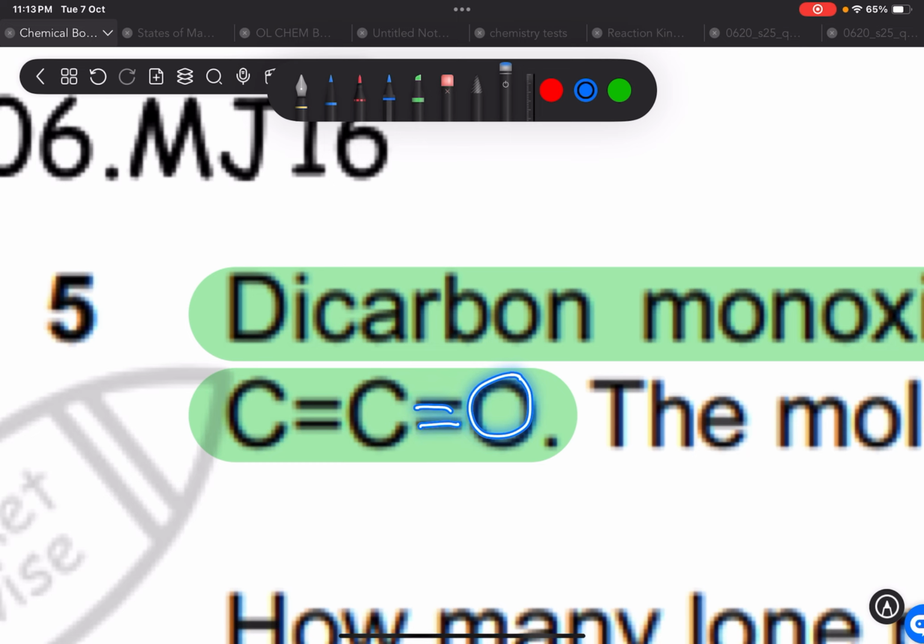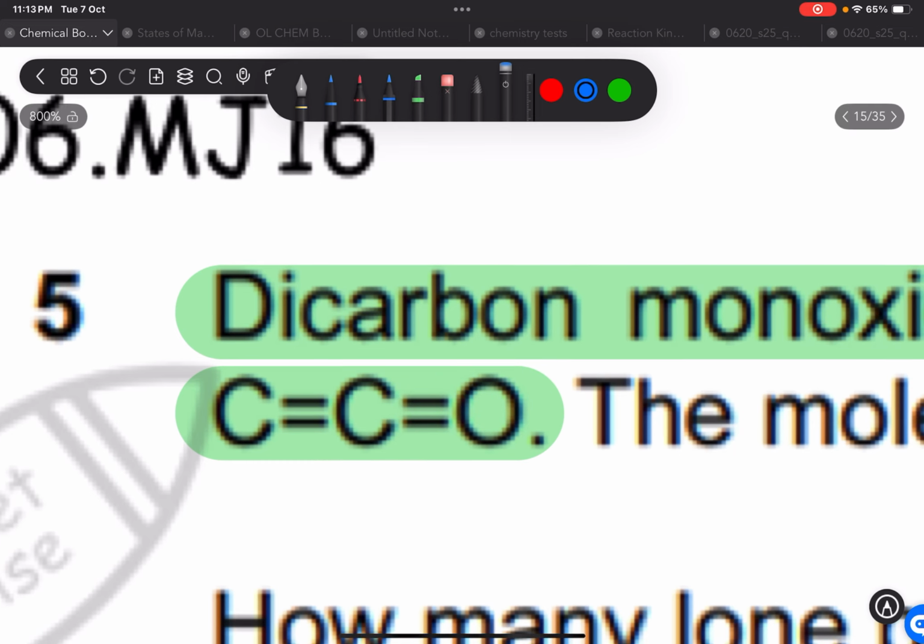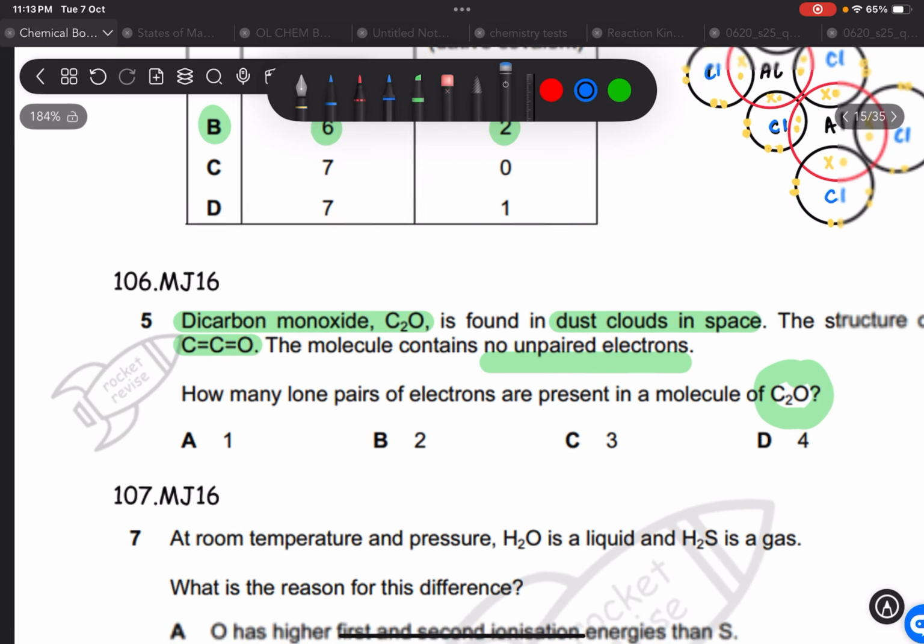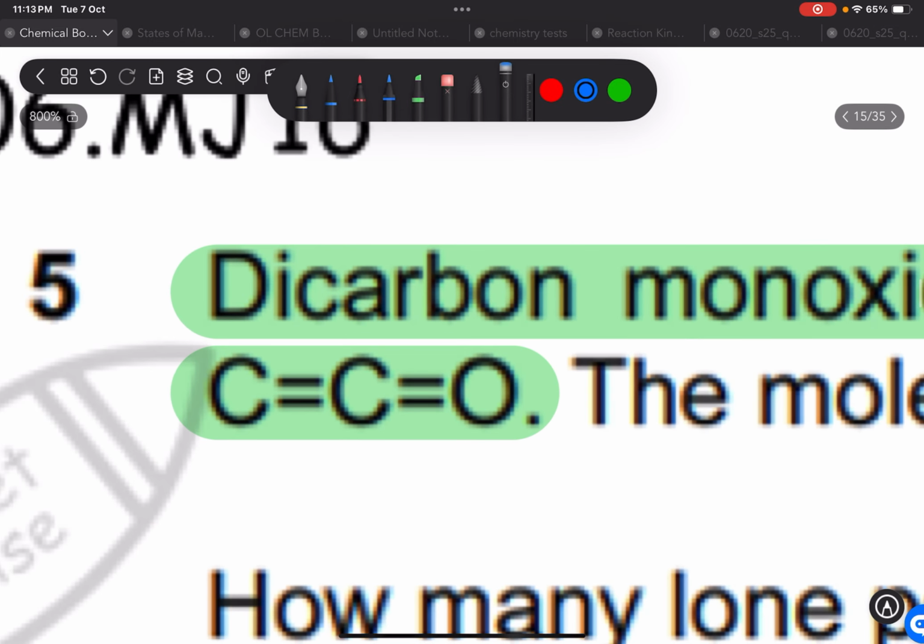Oxygen has how many pairs of electrons? It has initially 3 pairs, meaning 6. Out of those 6, 2 are involved here. So it should have how many lone pairs?